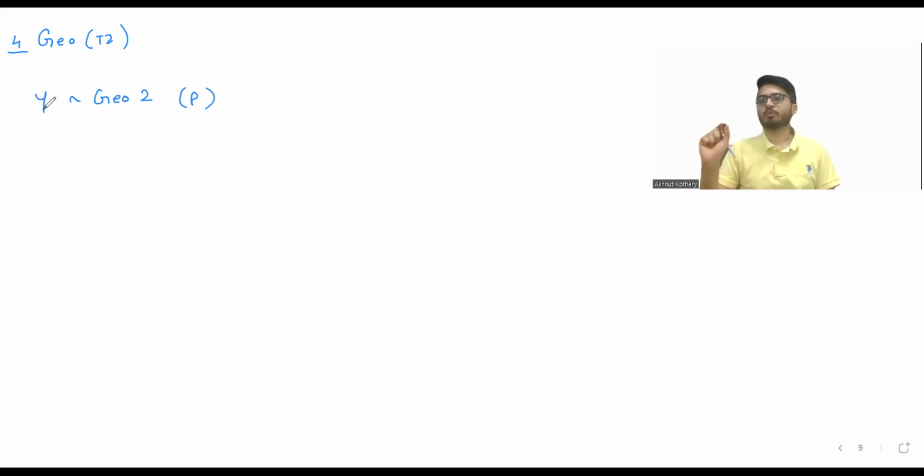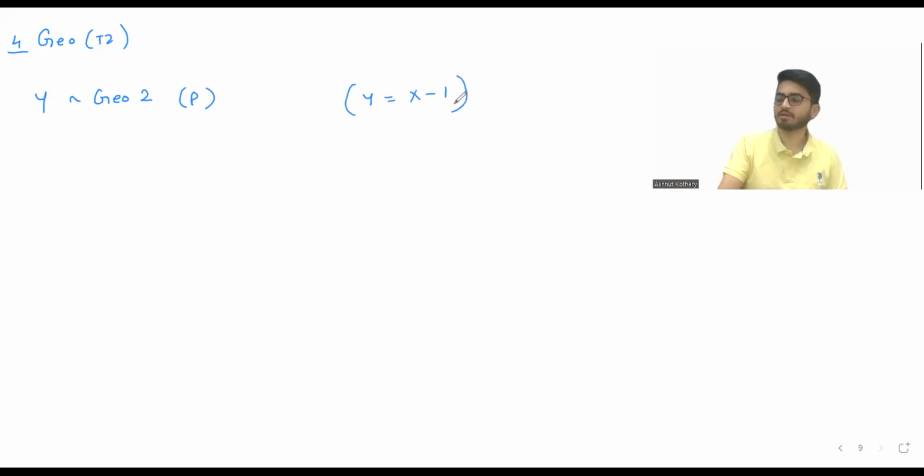If X was my geometric type 1, then Y is nothing but X minus 1. How? If X was the trial on which we got our first success, then the number of failures will be X minus 1. If I got the success on the first trial, how many failures did we see? 0, 1 minus 1. If we got our first success on the second trial, then how many failures did we see? 1 failure. So Y is nothing but X minus 1.